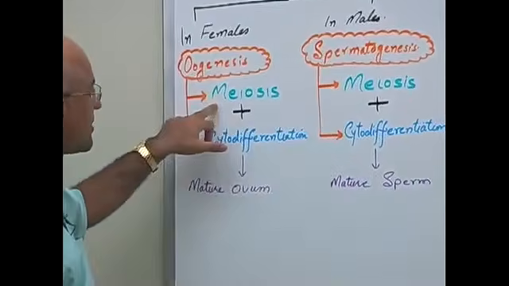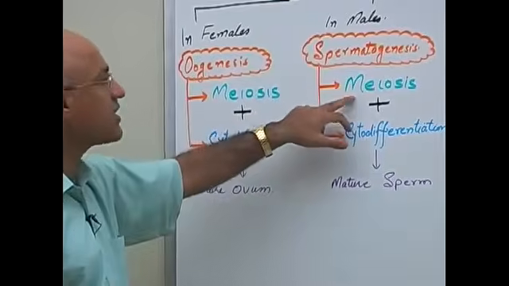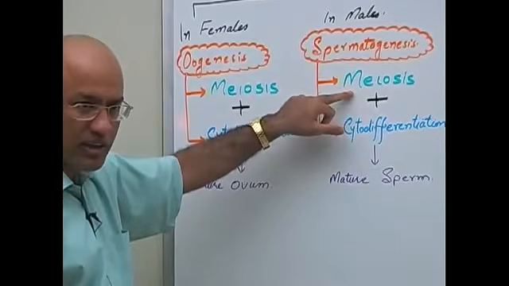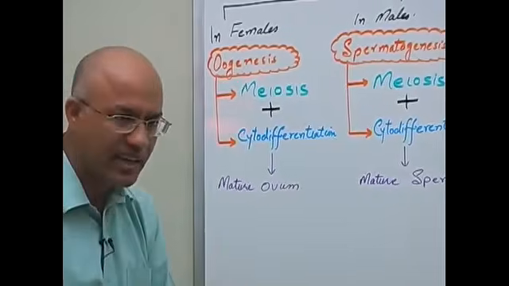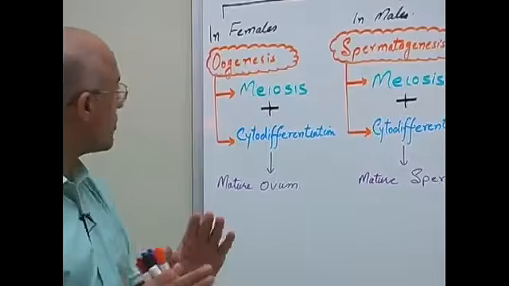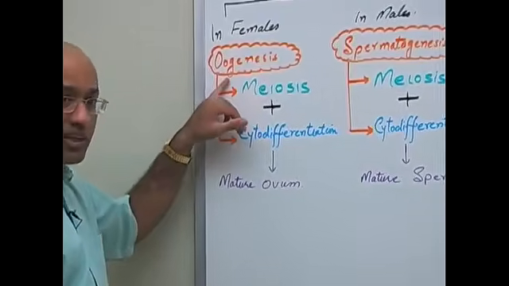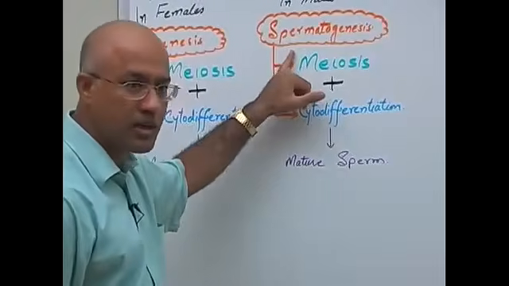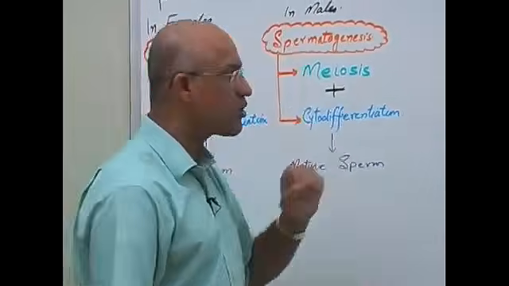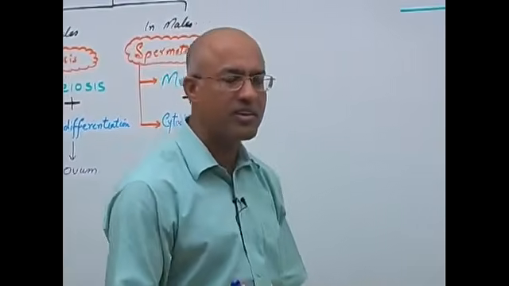Meiosis occurs in females during oogenesis and in males during spermatogenesis. So I will discuss meiosis in some basic detail first, and after that we will discuss oogenesis in females, and then how spermatogenesis occurs in males.